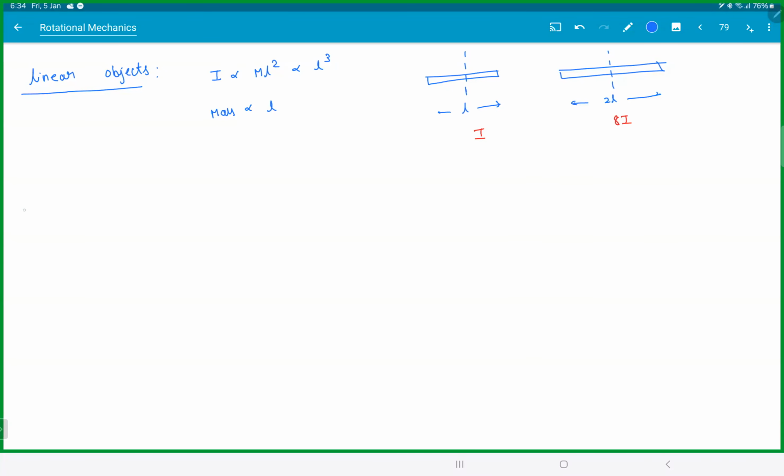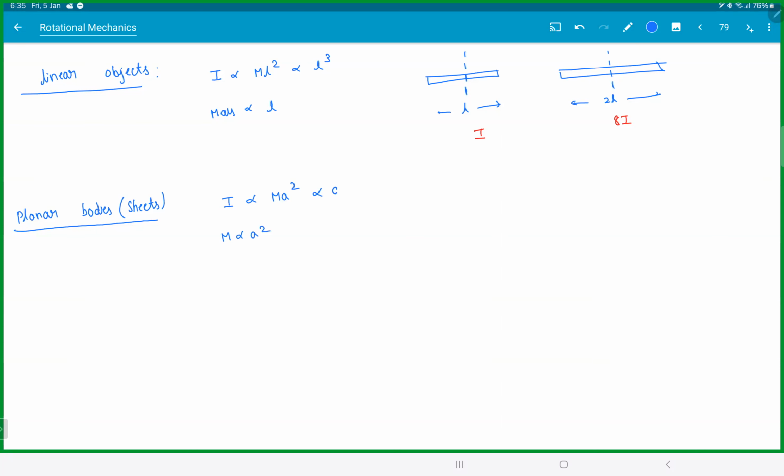If you take planar bodies or sheets, basically, I is proportional to mass into side square, and mass itself is proportional to the side square.